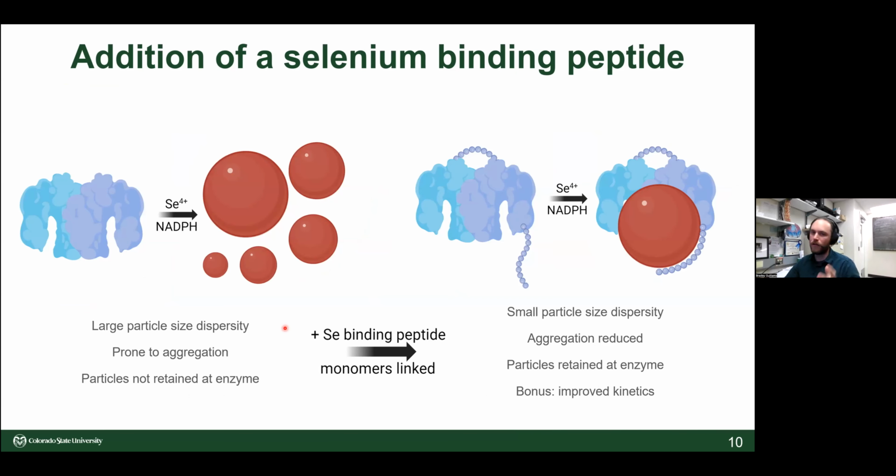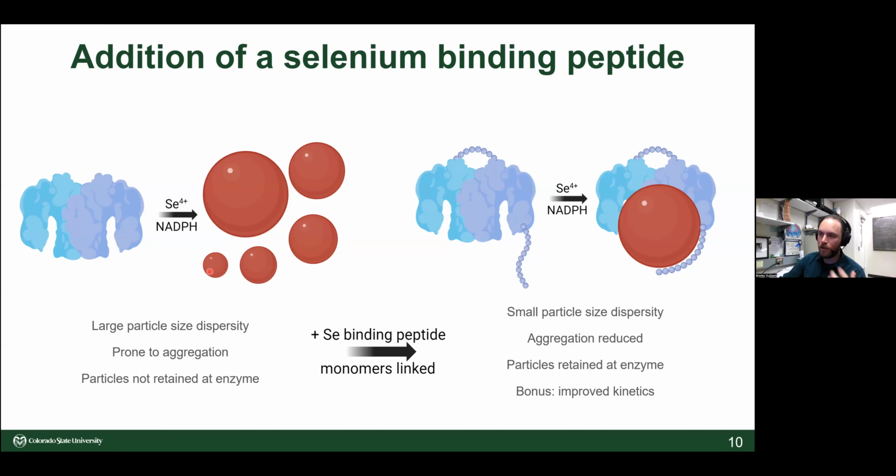Okay, so thinking about what we know about what we want for a tag, right? This native enzyme, GRILMR, it makes particles with a very large dispersity in sizes. These large particles are not going to be super useful because they'll obscure anything we want to see.